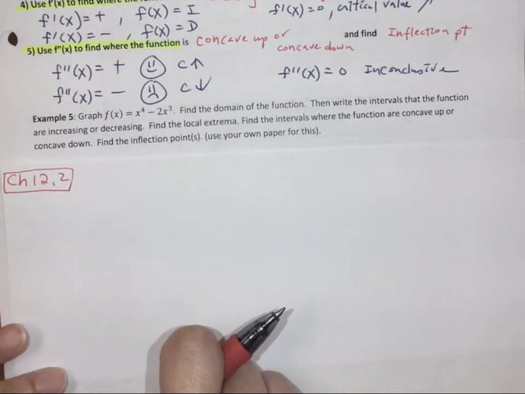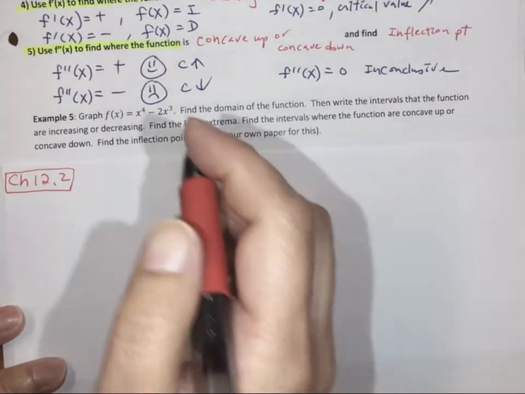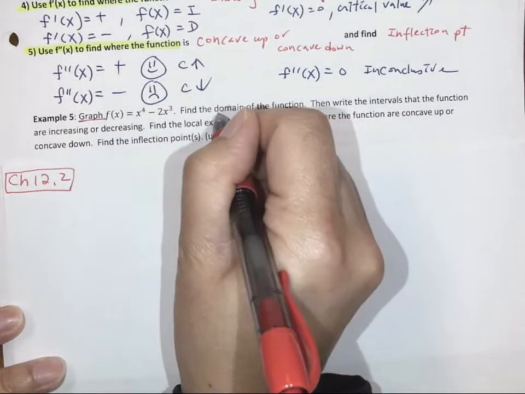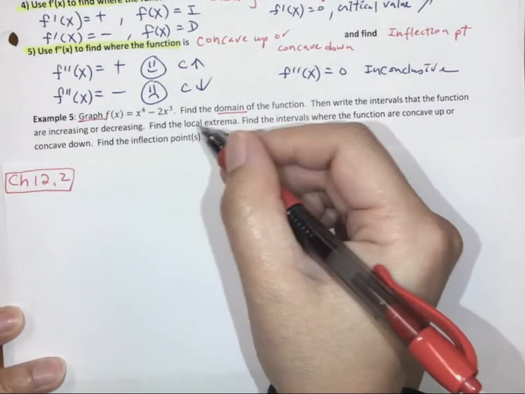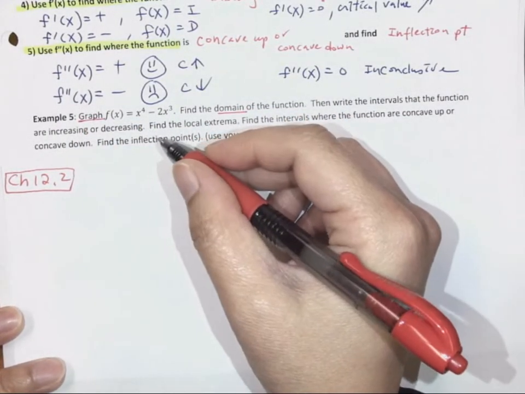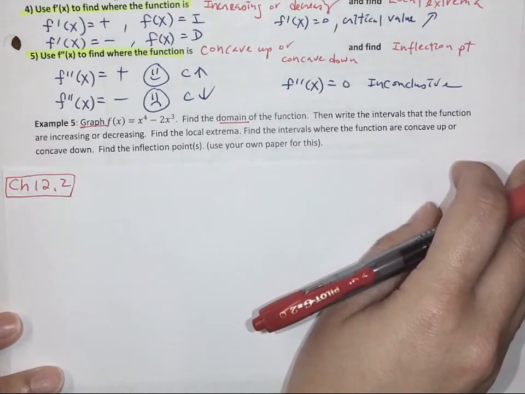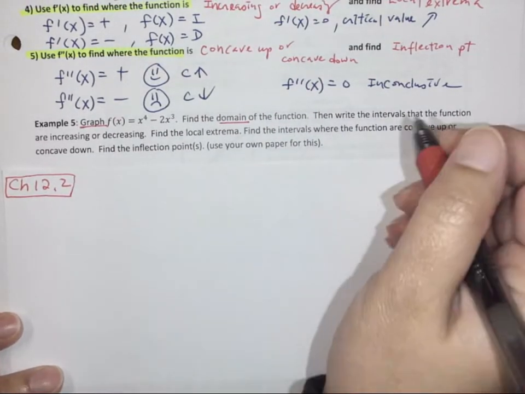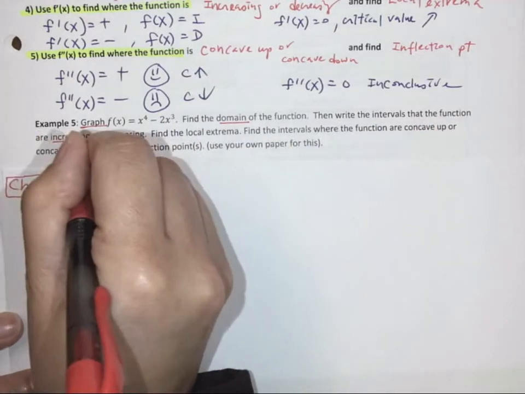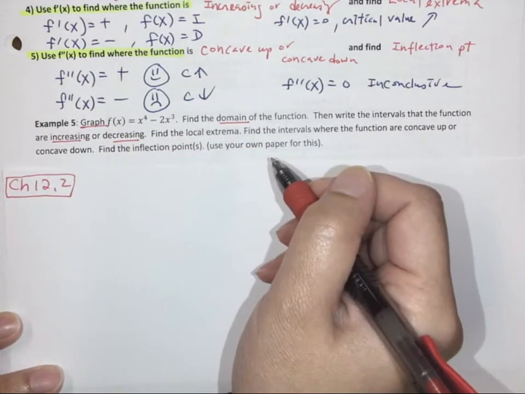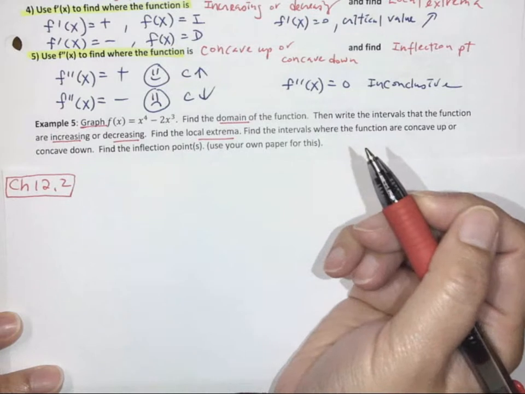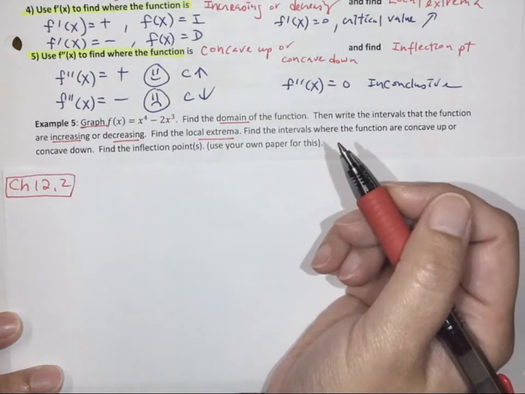So some of the things we can do, because they ask for a lot of things. They want a graph, they want a domain. Domain is easy because it's a polynomial, which means it goes on forever, so it's negative infinity to positive infinity, right? The intervals where the function is increasing and decreasing, that's the first derivative, along with the local maximum or minimum.